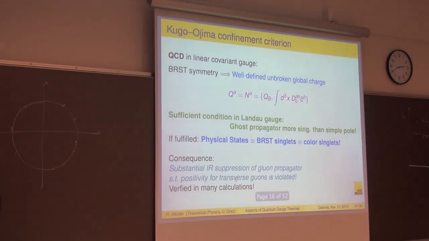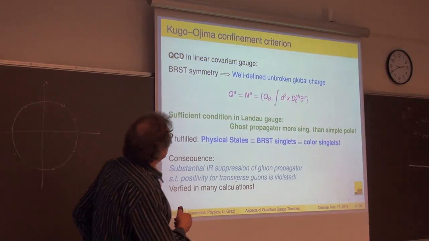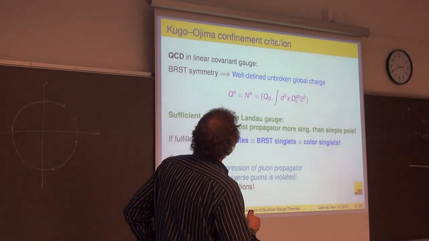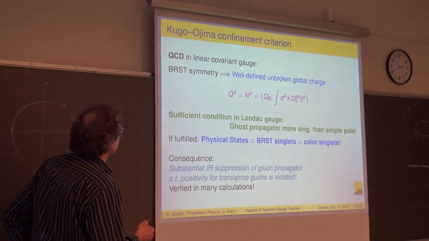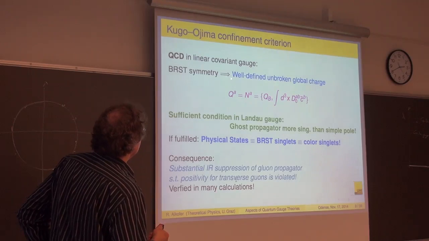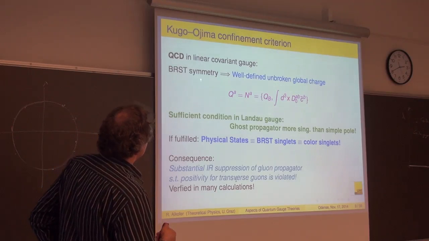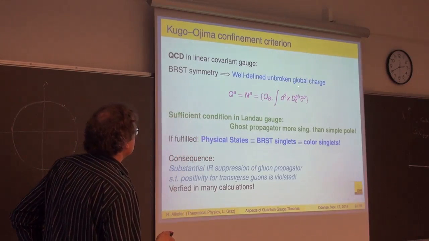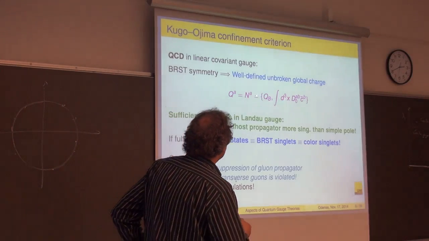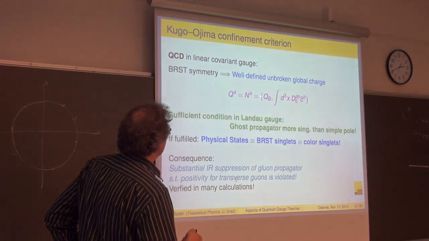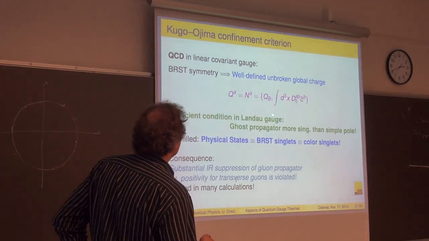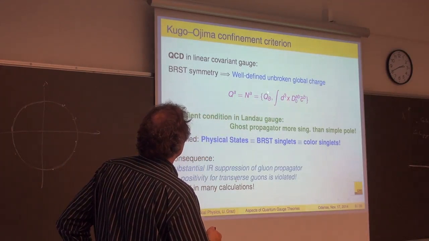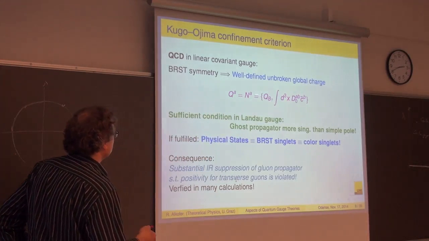And actually, we were building on quite an old picture, namely the one developed by Kugo and Ojima, and they simply looked at QCD in a linear covariant gauge. You can exploit BRST symmetry to write down the global color charge, which, if you have no contribution from a massless state, can be written in a very technical way with an anti-ghost operator, a covariant derivative, and the anti-commutator with the BRST charge.